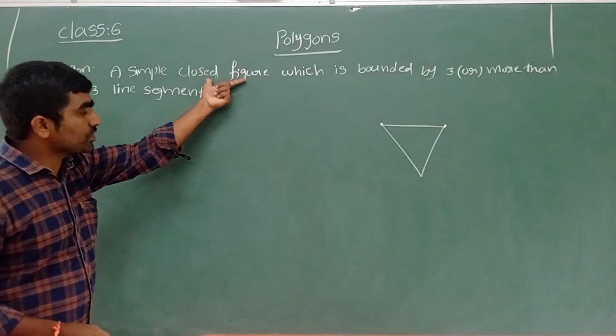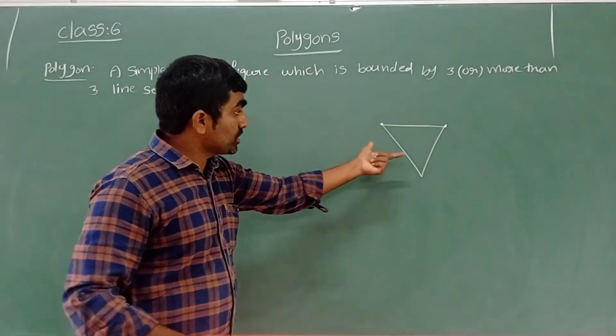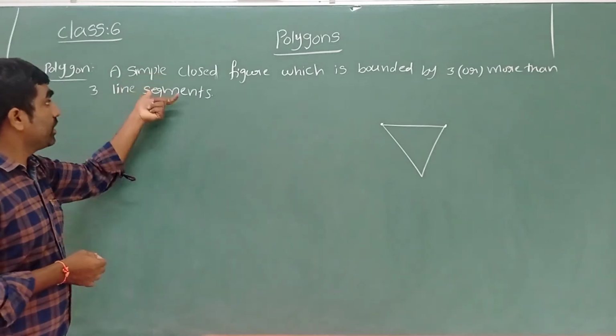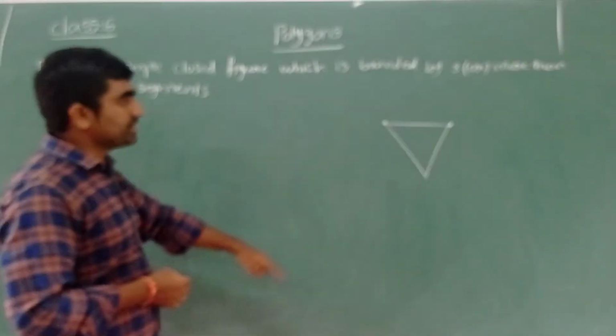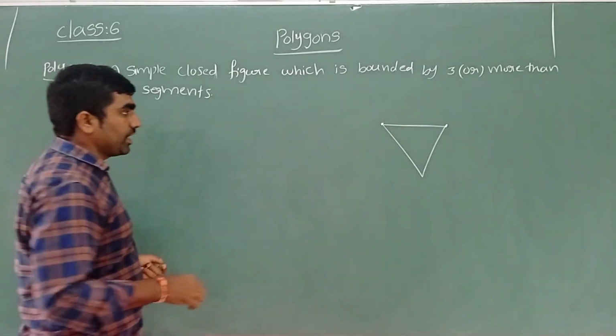Let's see what is meant by the word simple. Closed figure means the starting point and ending point are the same. It is a closed figure and also bounded by line segments. Here, simple means the line segments should not cross themselves.